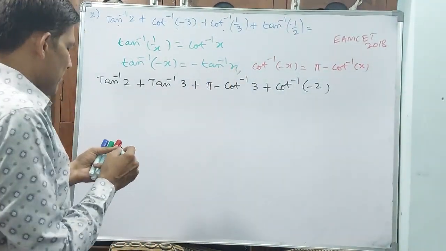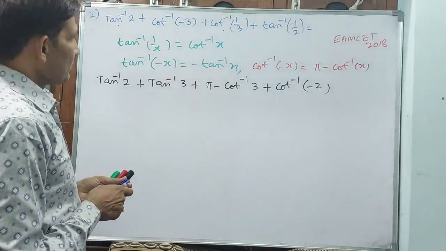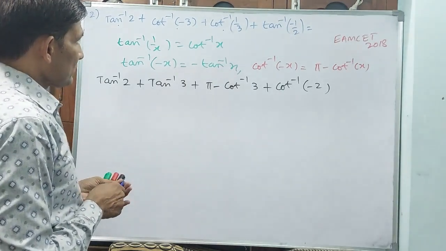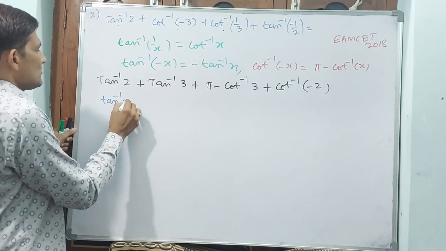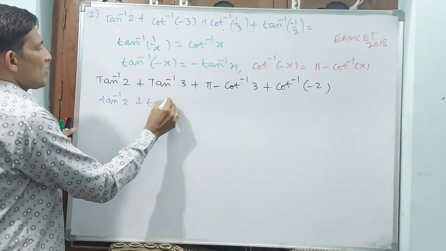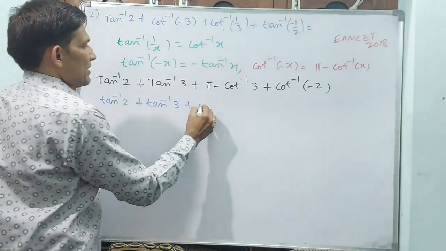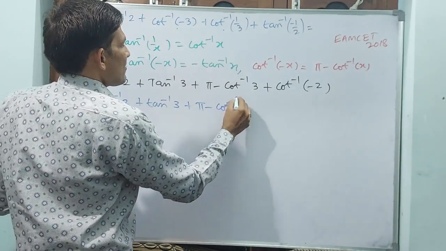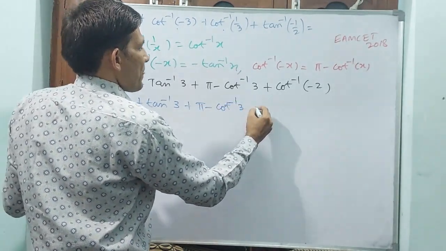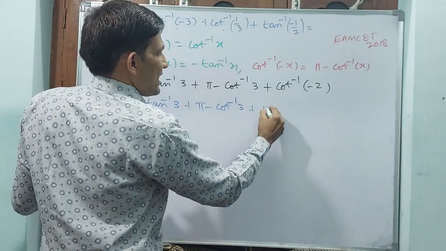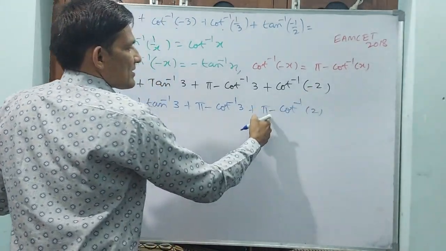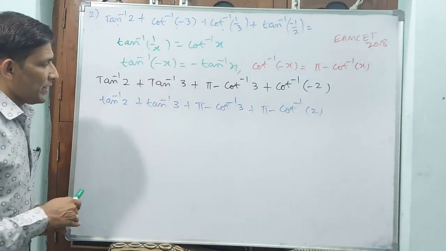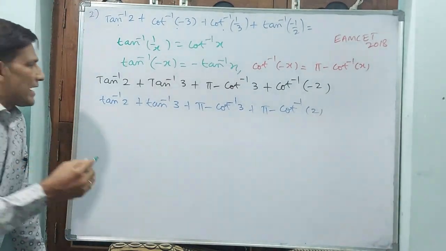Now in the next step I am writing: tan inverse of 2 plus tan inverse of 3 plus pi minus cot inverse of 3 plus pi minus cot inverse of 2. Why? Because minus has made pi minus. Now you see how I am tackling this question.